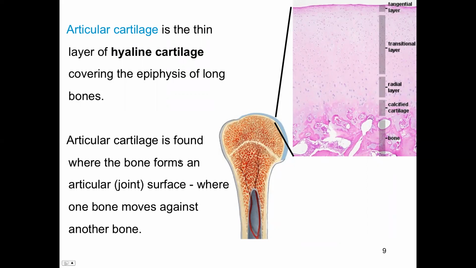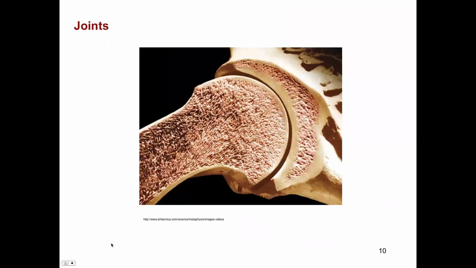All right, so articular cartilage is found where the bone forms a joint surface, where bone moves against another bone. So here you can look at the joints. I'm going to talk a little bit about joints. Here, this is from a cadaver, so this is what it really looks like. You can see the compact bone on the outside, the spongy bone in here.